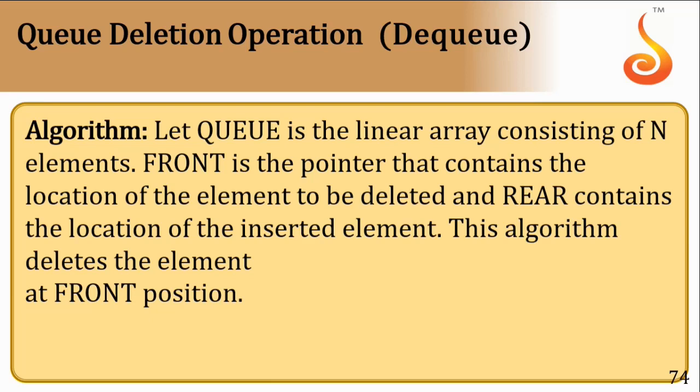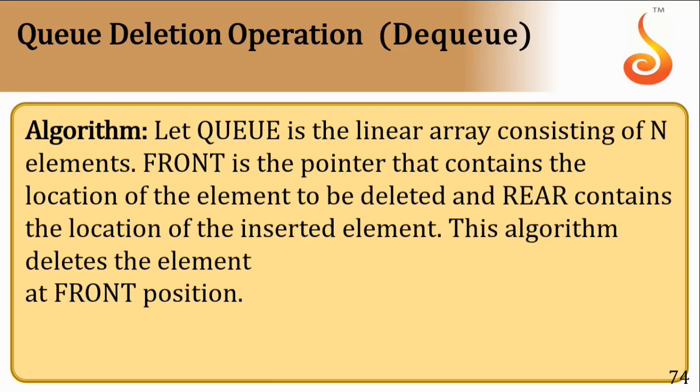So suppose you have filled the queue to the maximum, that is, rear is pointing to n minus 1 location. Then as you go on deleting the elements, still you cannot insert an element, because the elements do not get reshuffled, and insertion should happen from the rear and deletion from the front only, right?